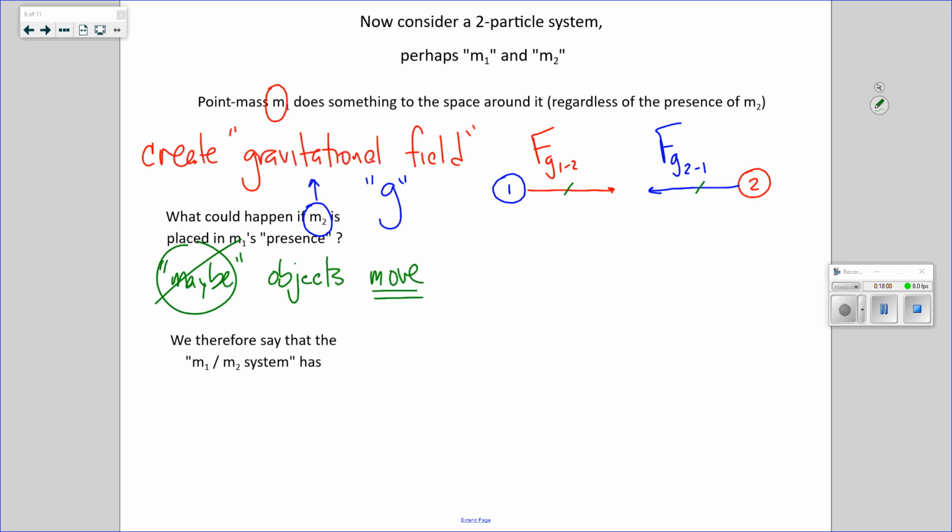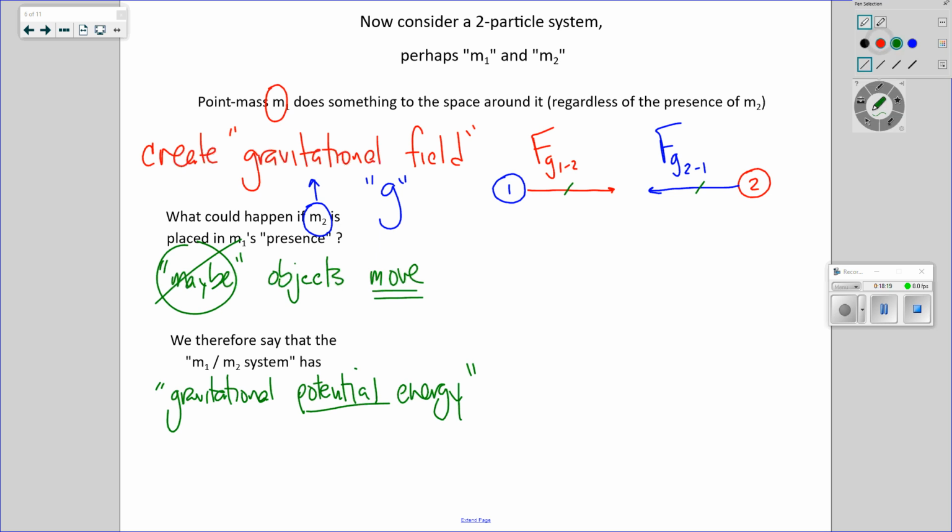That means that the system has what we call gravitational potential energy. A lot of people will ask, what's potential energy? They'll say, oh, it's stored energy. Well, what do you mean stored?